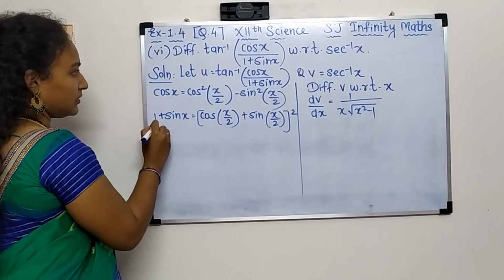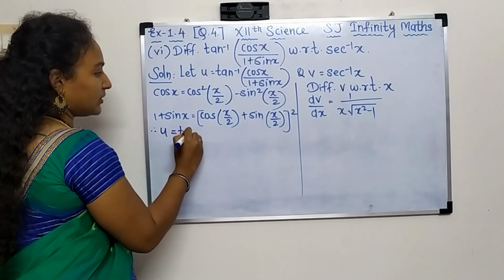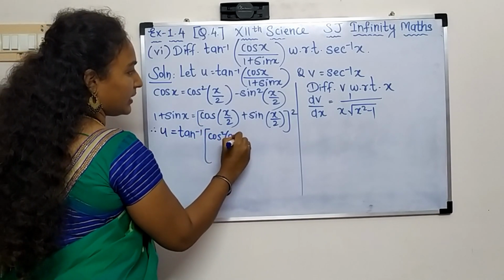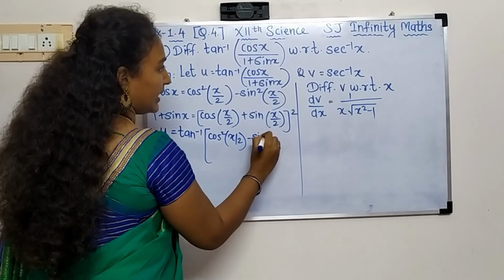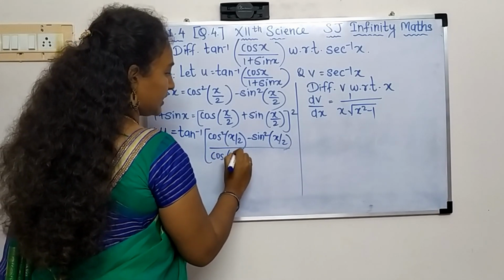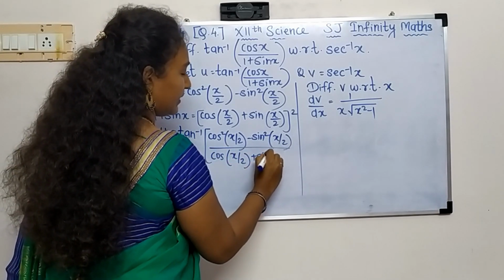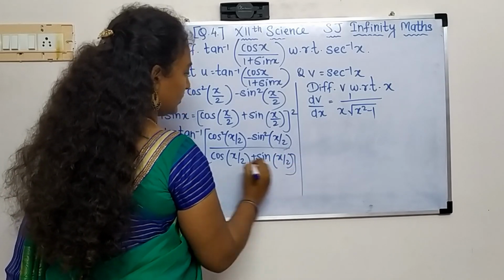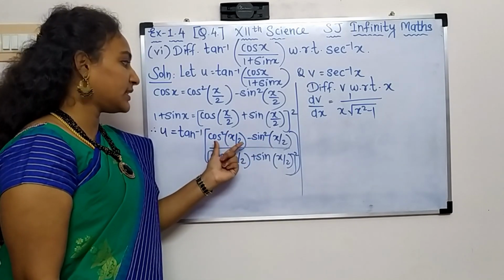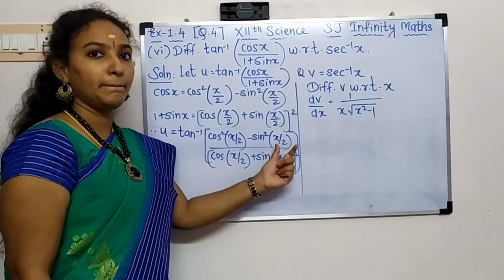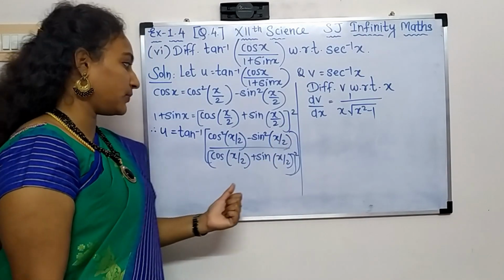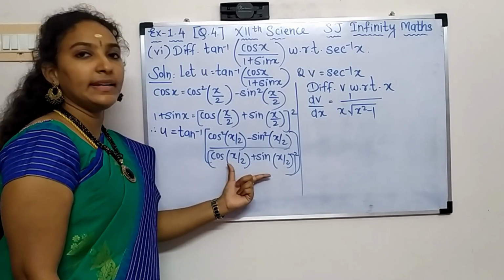So let us substitute. Therefore, u is equal to tan inverse cos square x by 2 minus sin square x by 2 upon cos x by 2 plus sin x by 2 the whole square. Okay. Now this can be written as cos x by 2 minus sin x by 2 plus cos x by 2, multiply cos x by 2 plus sin x by 2. And this we can write it 2 times.